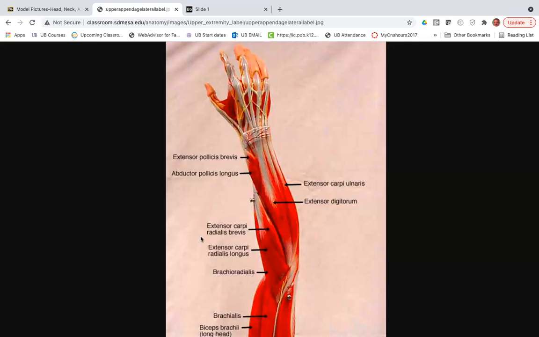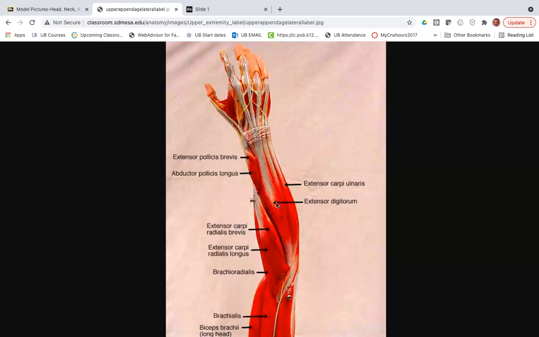And these three, we call the mobile wad of three, 1, 2, 3, because when you pinch your forearm on the lateral side, what you're pinching are these three muscles. So the three muscles that you can grab are the ECRB, the ECRL, and the brachioradialis.